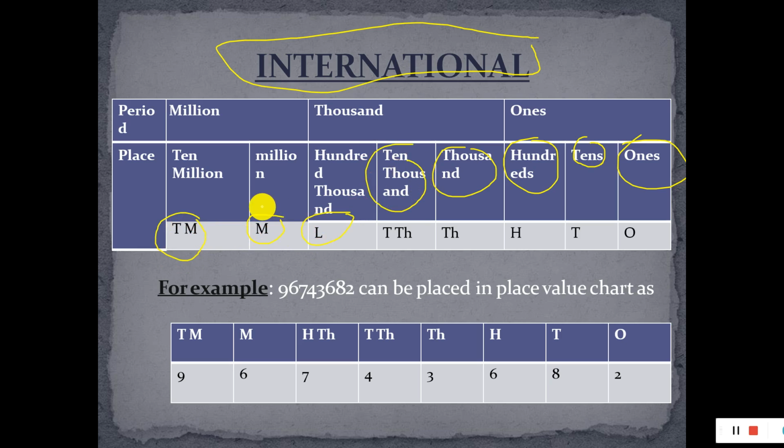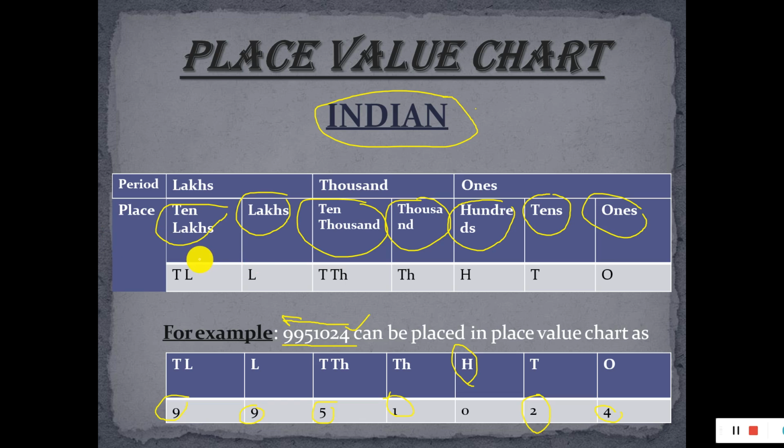You know what is the difference between international and national place value chart? The main difference is million and 10 million. In the Indian place value system, instead of million and 10 million, we use 10 lakhs and lakhs.